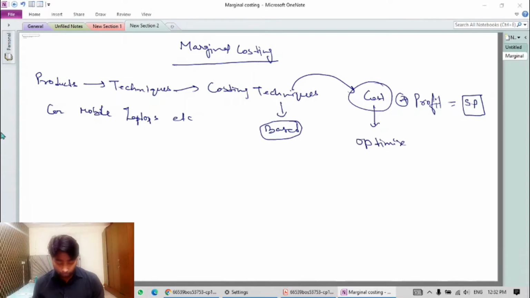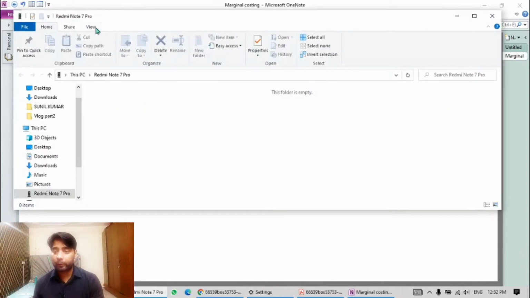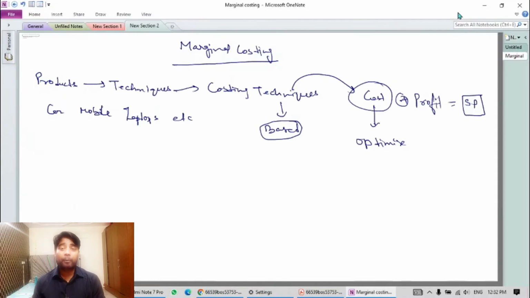So what do you mean by optimization of cost? Optimization of cost means to reduce the cost. Why do we want to reduce the cost? We want to reduce the cost to an optimum level, so as to compete with our competitors in the market.